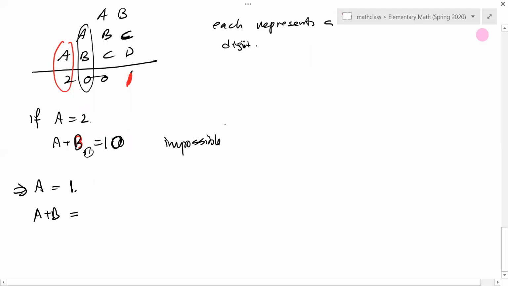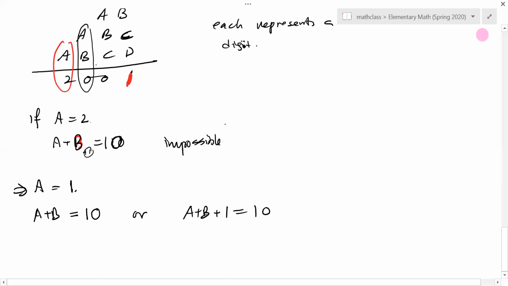If A is 1, you have to contribute 1 to A here. So it must be 10. So 1 plus 1 is going to be 2.